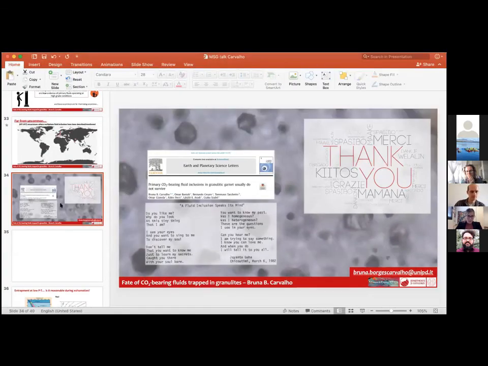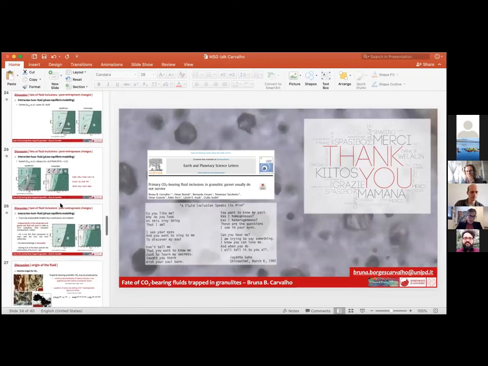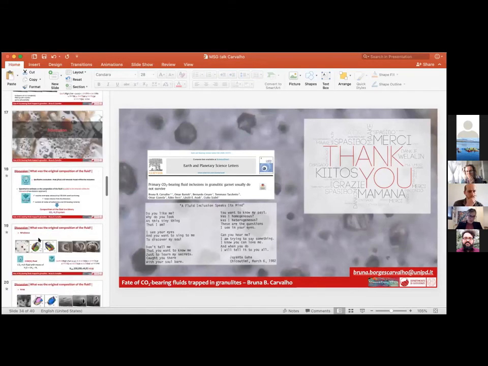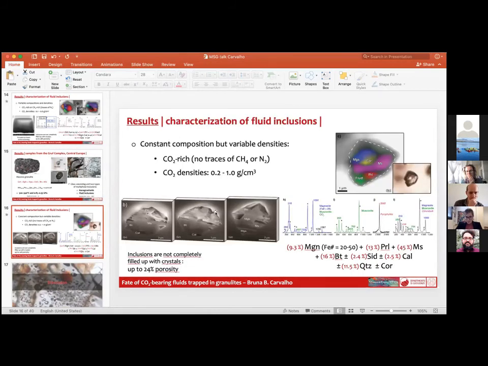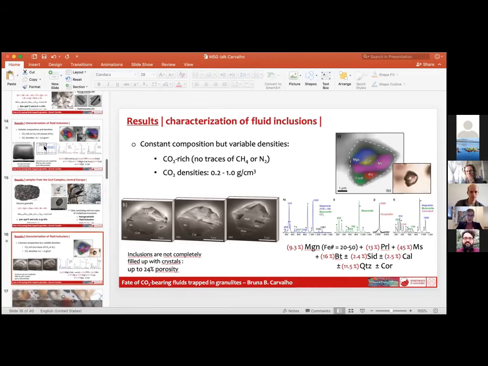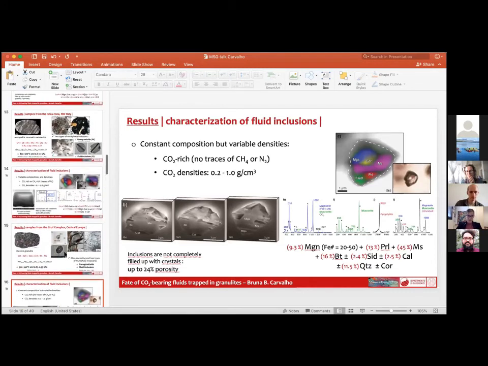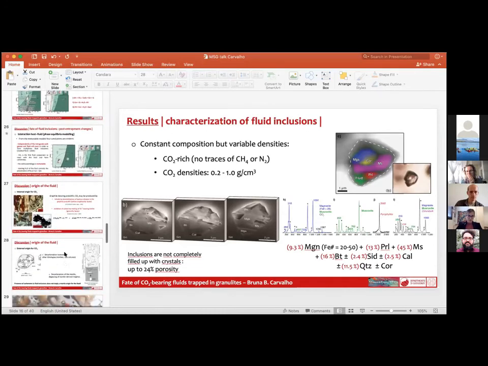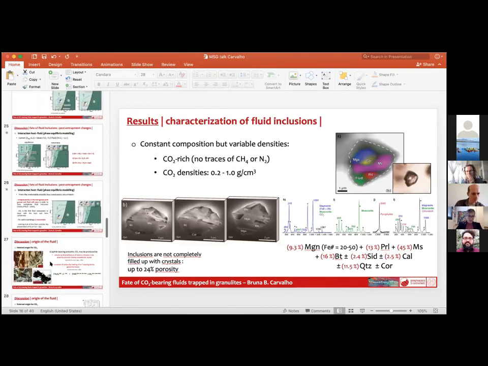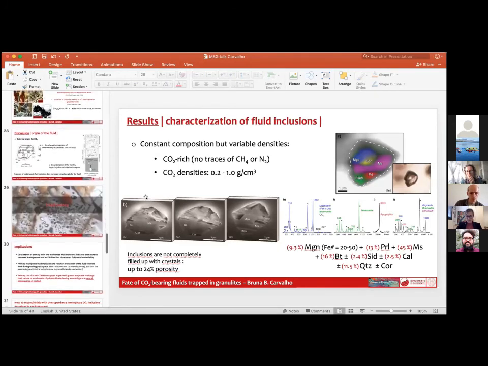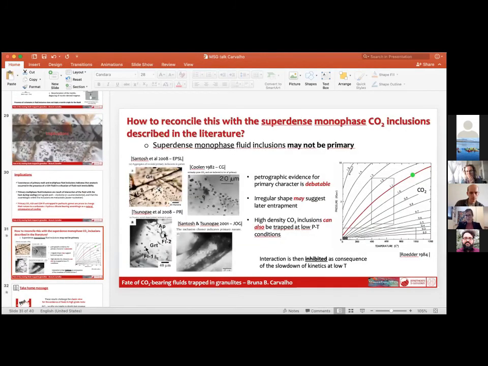We can see that some parts of the inclusion may not be exactly negative crystal, but kind of rounded. But more or less here you can see that it does have a regular shape, not an irregular shape such as the one that I showed by the end of the presentation. For example, they seem like tubes. So these are very irregular, so it's different.